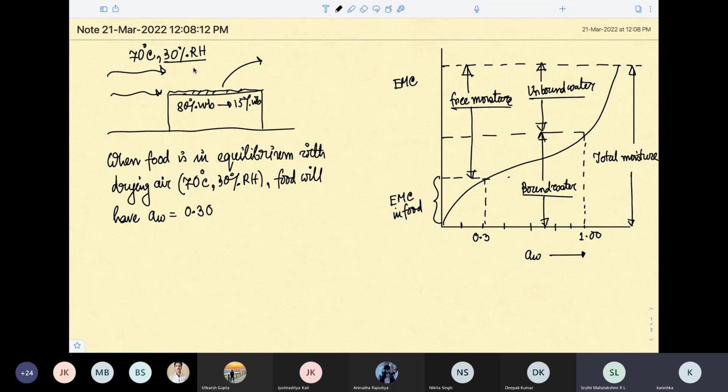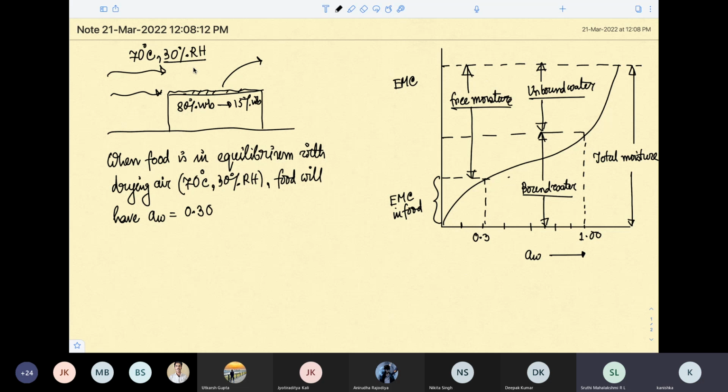If you try to evaporate this water using hot air, it will be much easier, right? This is free water, so nothing is there. Now suppose this water is within the food. For the same amount of water, you will have difficulty removing it because of how the water is present in the food. Okay, clear to you?